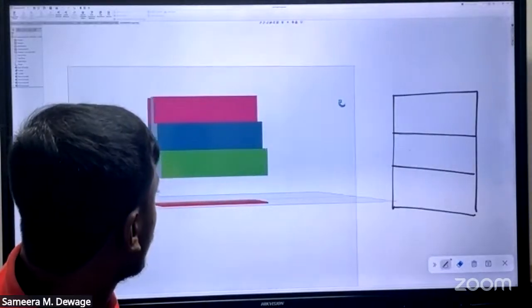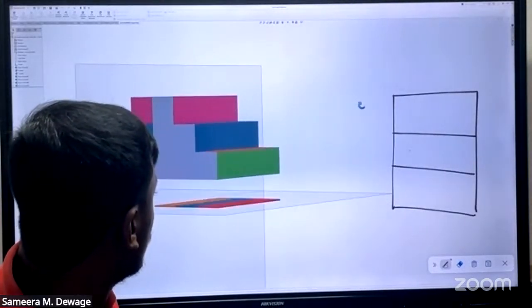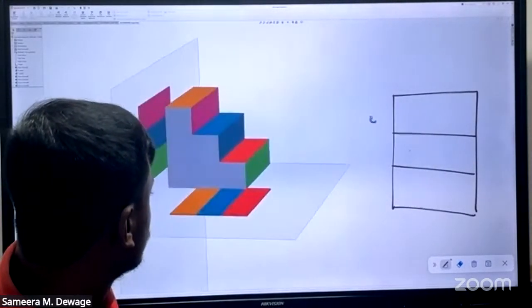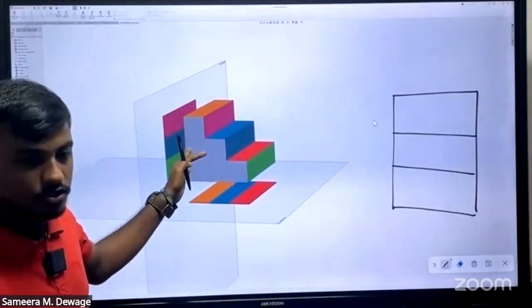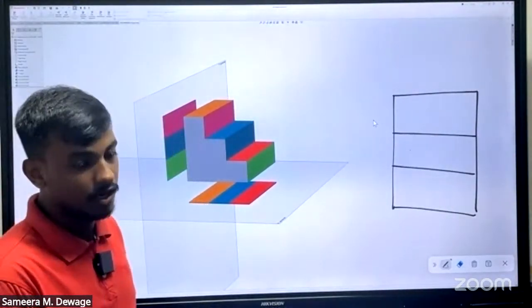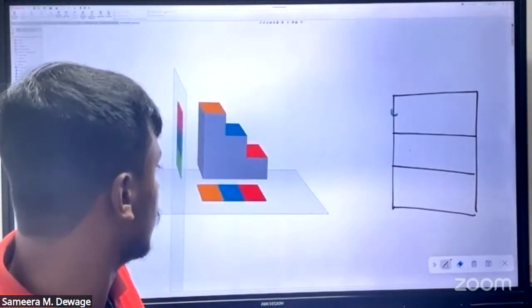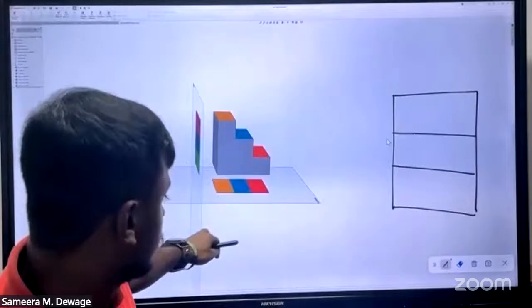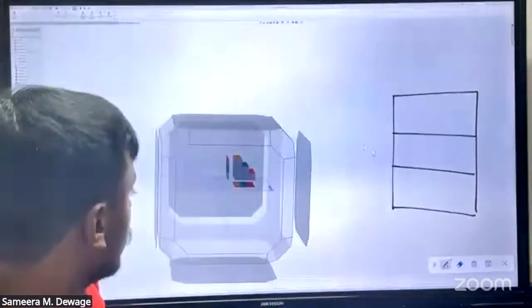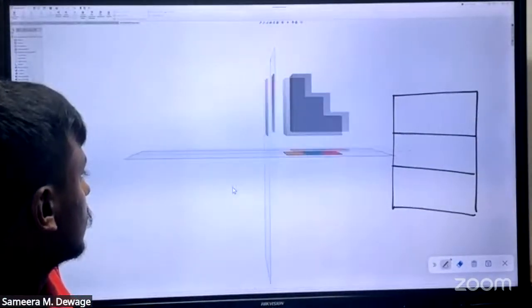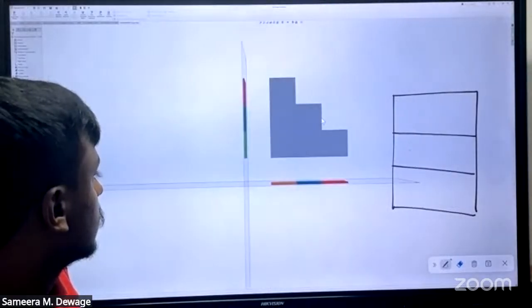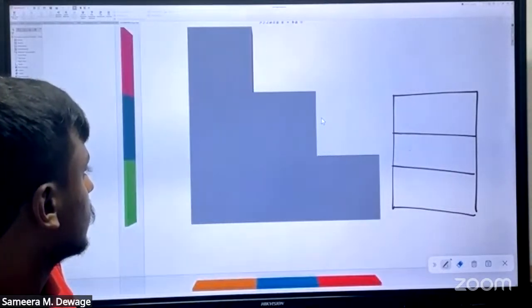If you look at the object from the side, the left side, what kind of image can you observe if you look in this direction, from this side? You can see this kind of image.